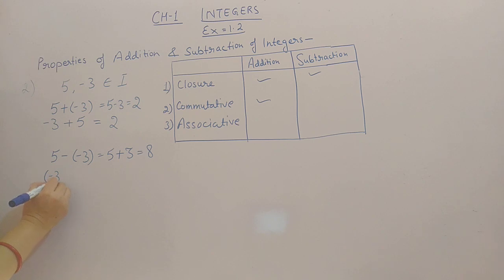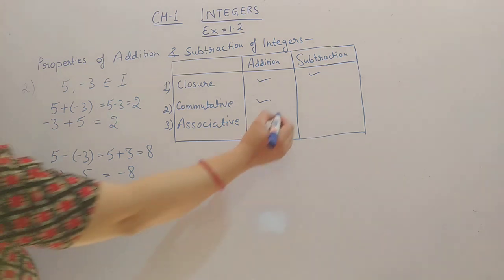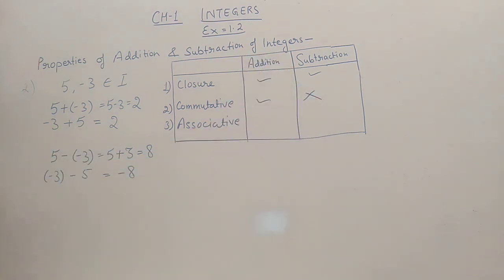I am keeping -3 at first place and 5 at second place, and I am subtracting these two integers. So -3 minus 5 will become -8. Now you can see for subtraction, when we change the order, the answer also changes. In first case we are getting 8, but in second case we are getting -8. It means for subtraction, commutative property is not applicable.